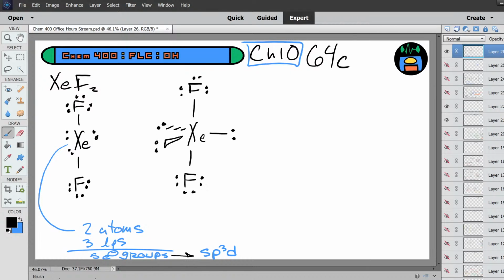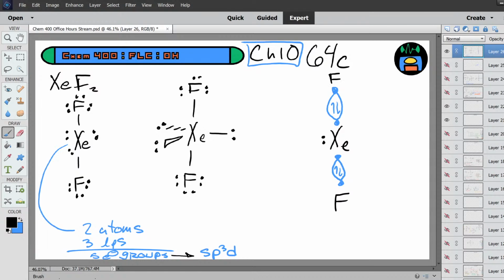Because we just have 2 sigma bonds between xenon and fluorine. So, really, it's just going to look like so.